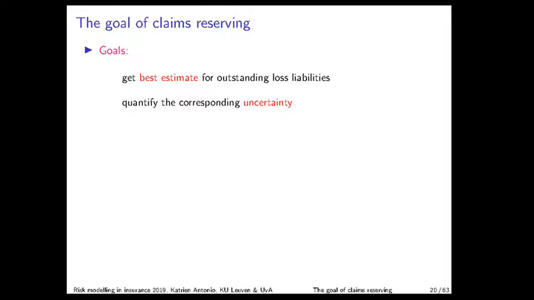Combining the best estimate and the standard error then allows you to derive a prediction interval for the outstanding claim amount if you're willing to choose a particular distribution to construct this interval. Or the methods that we will cover will allow you to simulate from the predictive distribution of the outstanding loss liabilities. And from this distribution, risk measures like a value at risk, for instance, could be estimated. That's interesting when you're calculating the risk margin.